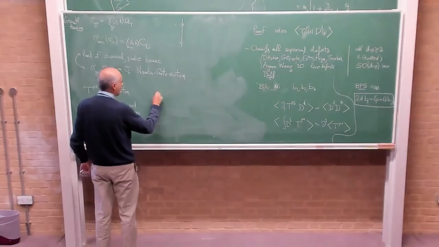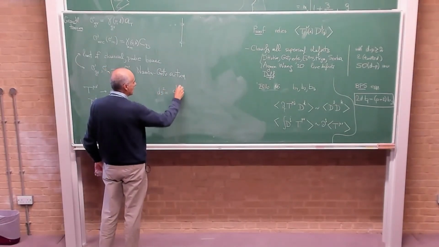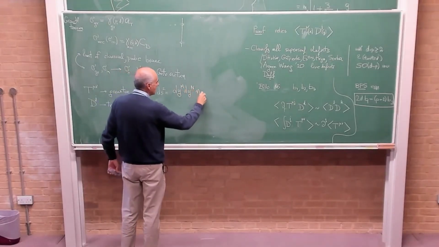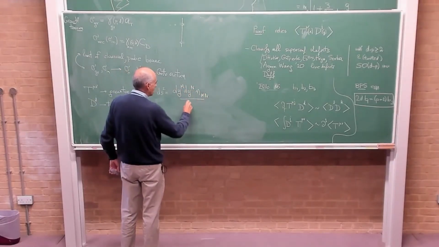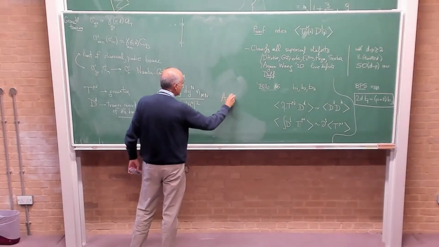Anti-de Sitter in the vacuum has a metric in Poincaré coordinates, which is dy m dy n eta mn over y naught squared. That's anti-de Sitter.